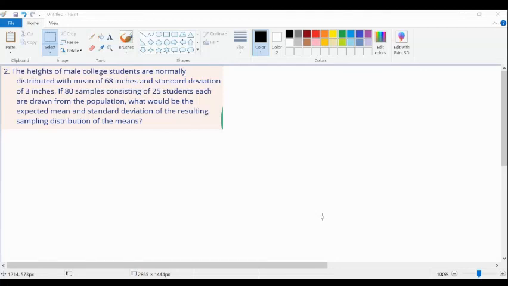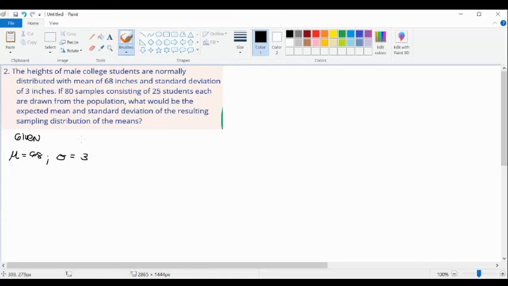We're going to assume that the population is infinite. Okay, so let's identify the givens. We have the mean of 68 and standard deviation of 3.